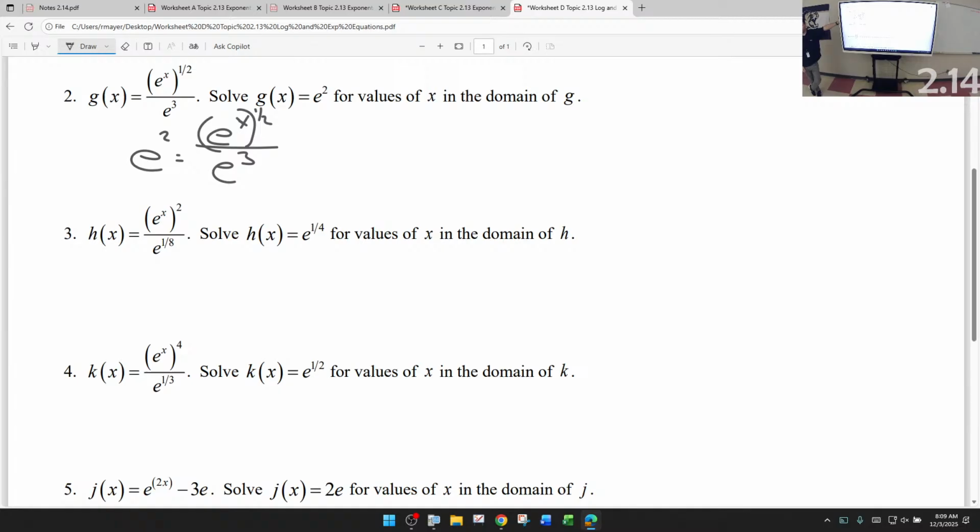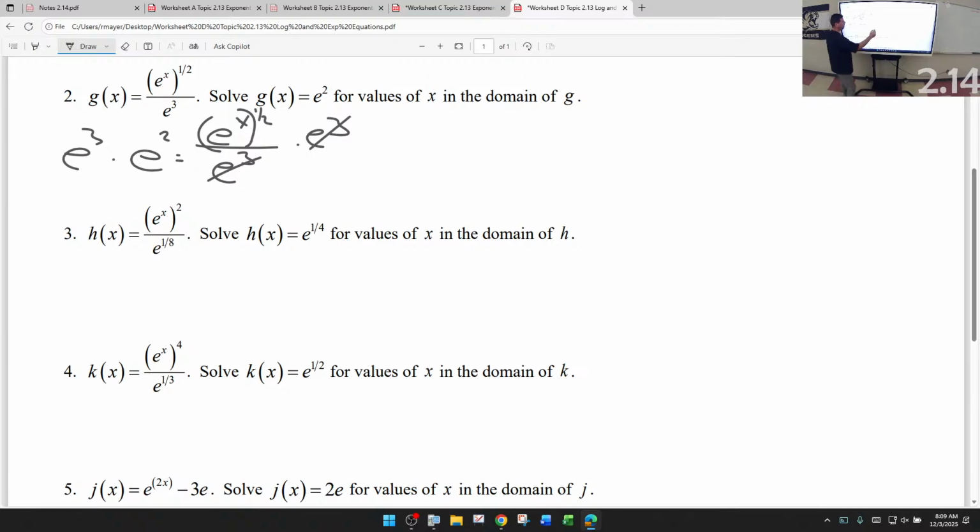Multiply both sides by e to the 3. I don't like fractions. If I multiply this side by e to the 3, it goes away. Multiply this side by e to the 3, I'm going to get e to the 5. You got to add exponents.